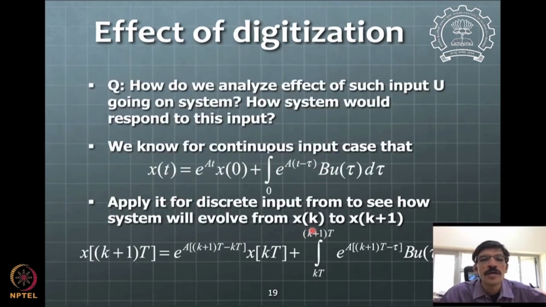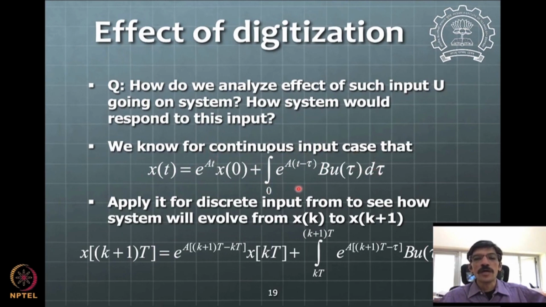To that effect, we saw that for any continuous domain system, this is the solution of a system of the kind x dot is equal to Ax plus Bu. The solution has two parts: one is a homogeneous solution, and the other is a particular integral part.